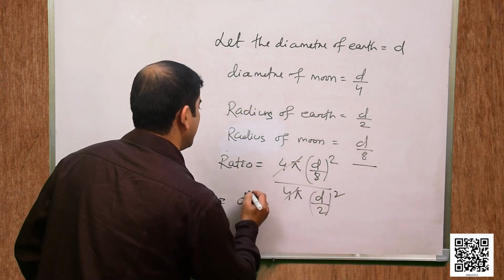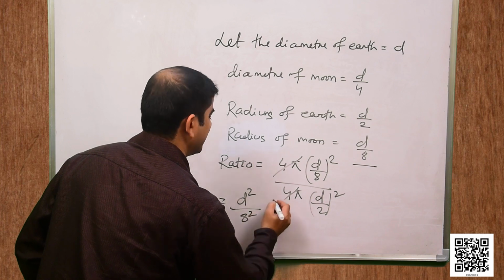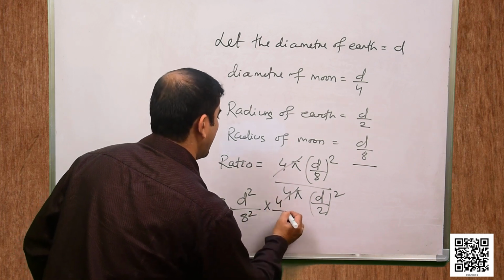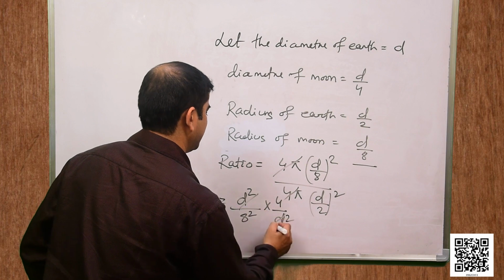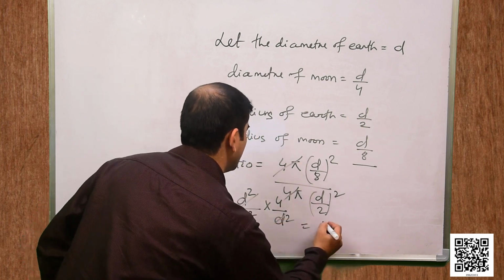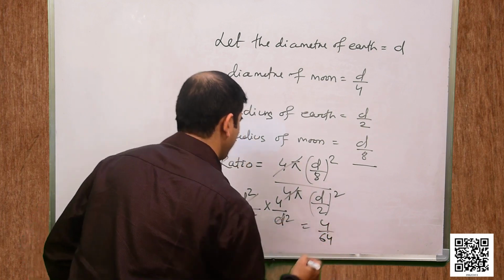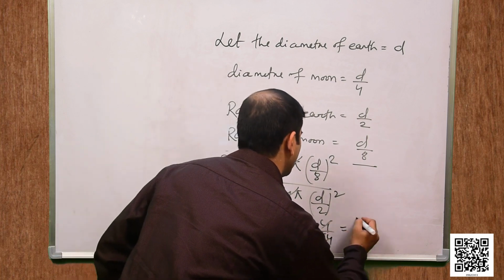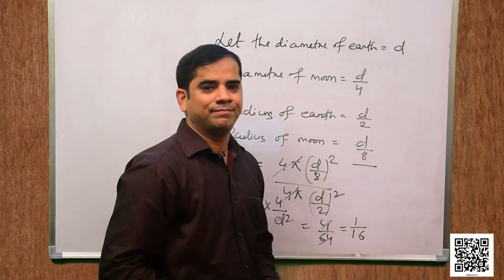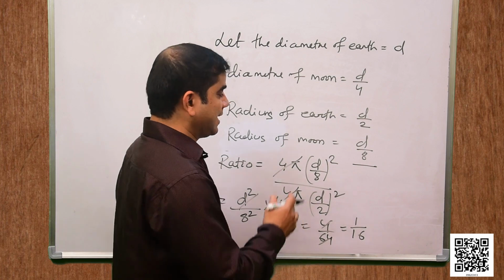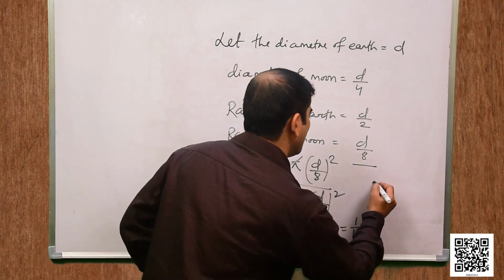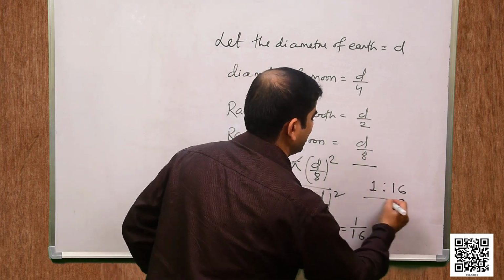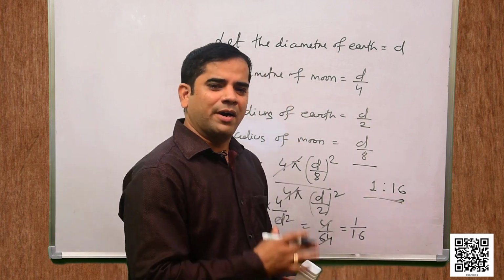That is equal to d square by 8 square into 4 by d square. That is 4 by 64 or 1 by 16. Hence, the ratio is equal to 1:16. Hope you have understood this.